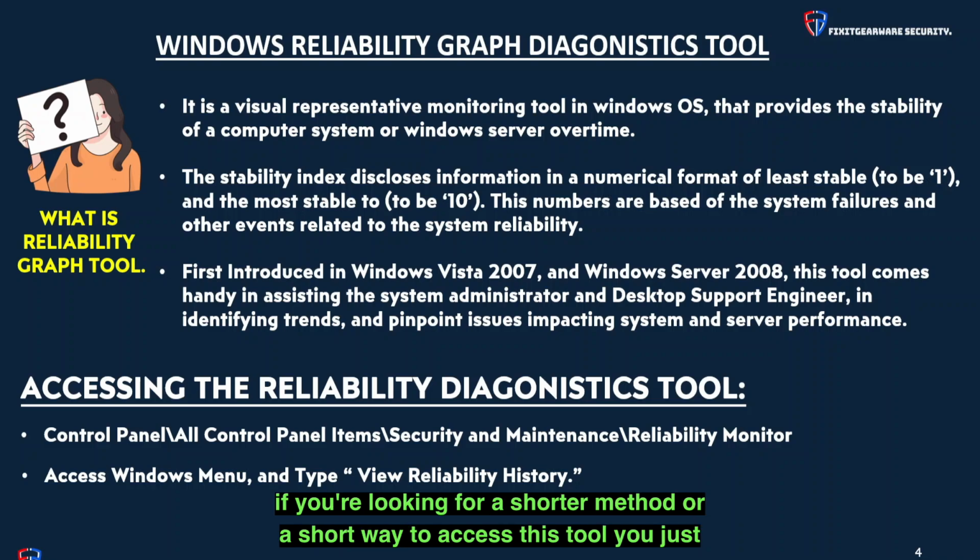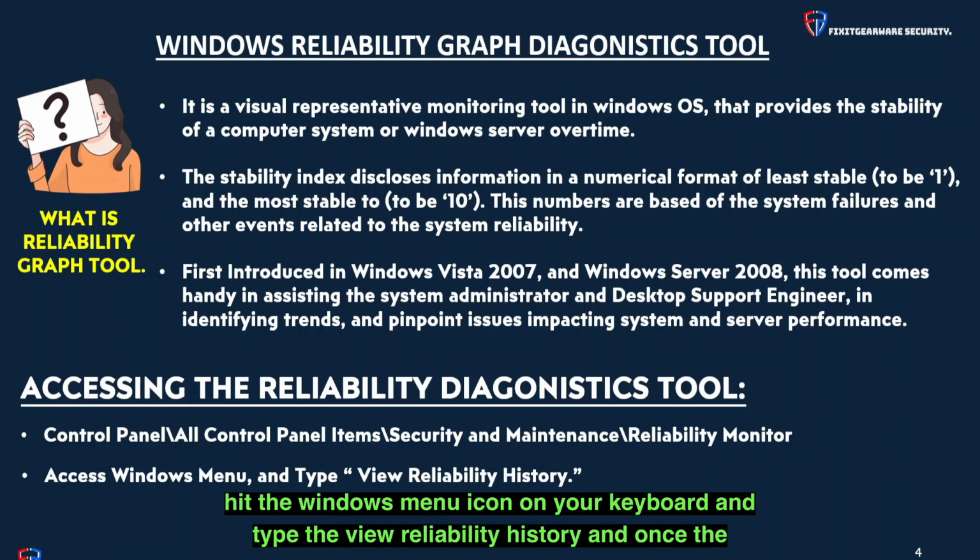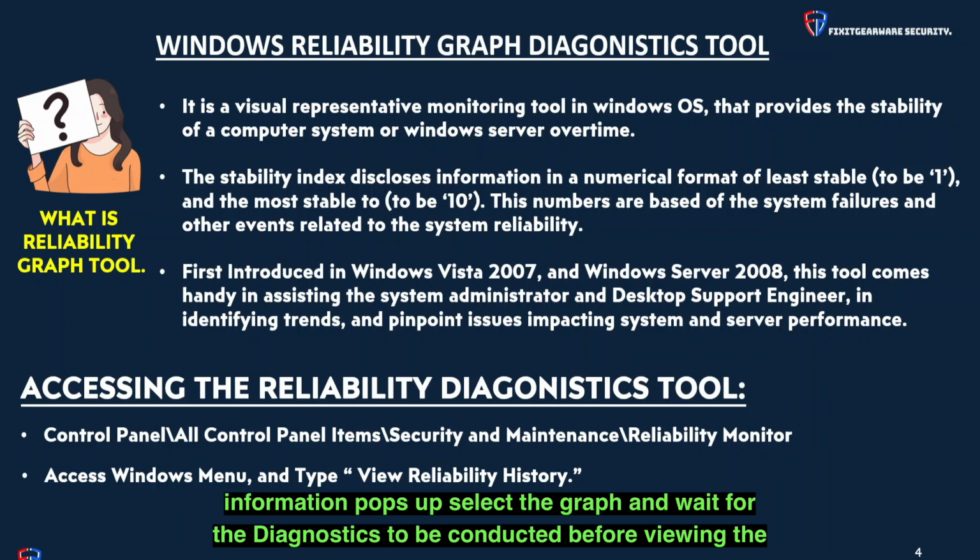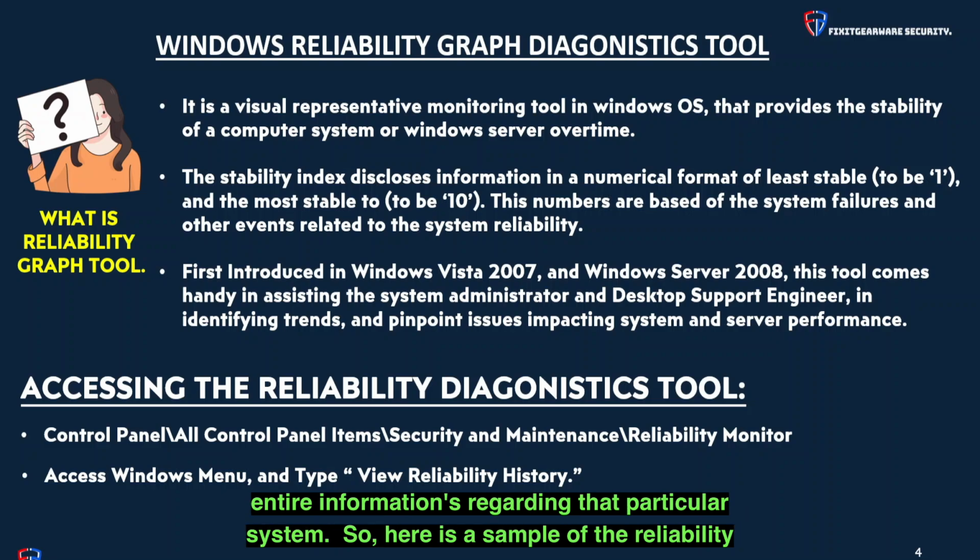Alternatively, for a shorter method, you just hit the Windows menu icon on your keyboard and type view reliability history. Once the information pops up, select the graph and wait for the diagnostics to be conducted before viewing the entire information regarding that particular system.